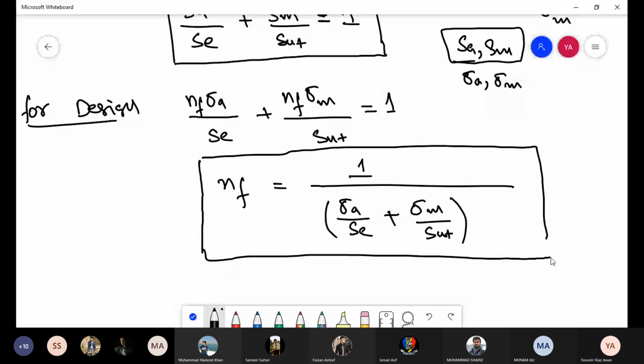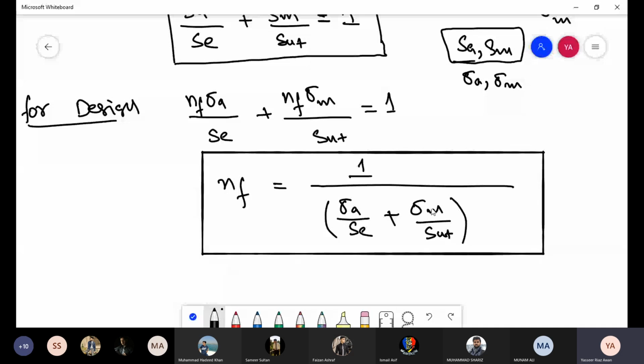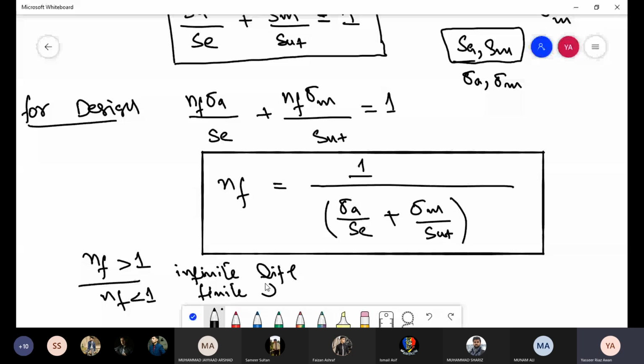For any value of sigma A and sigma M, we can use this to find the fatigue safety factor. If this fatigue safety factor is greater than 1, that means infinite life. If NF is less than 1, we would have finite life.